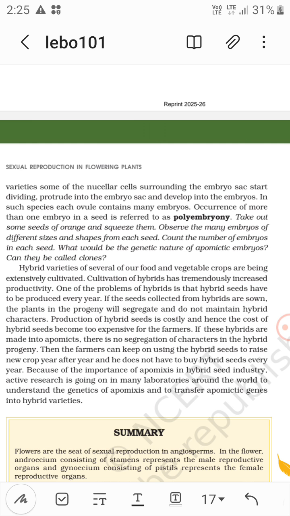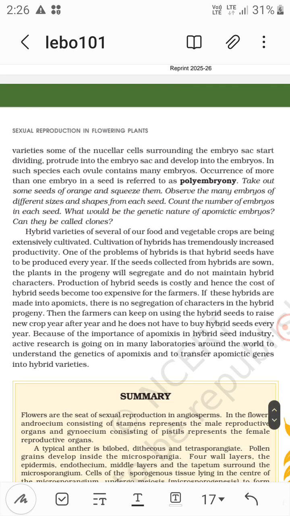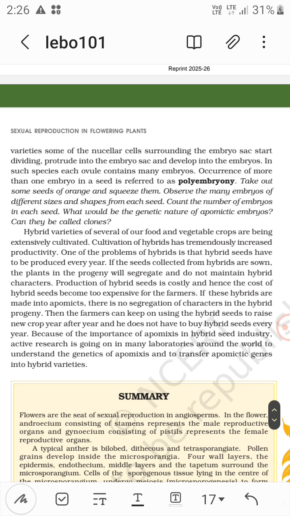If the seeds collected from the hybrids are sown, the plants in the progeny will segregate and do not maintain hybrid characters. Production of hybrid seeds is costly, and hence the cost of the hybrid seeds becomes too expensive for the farmers.